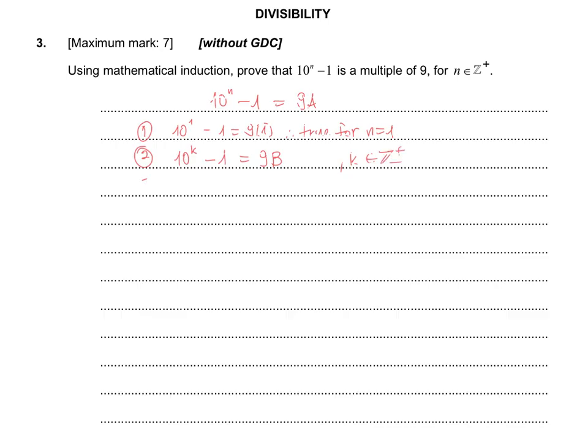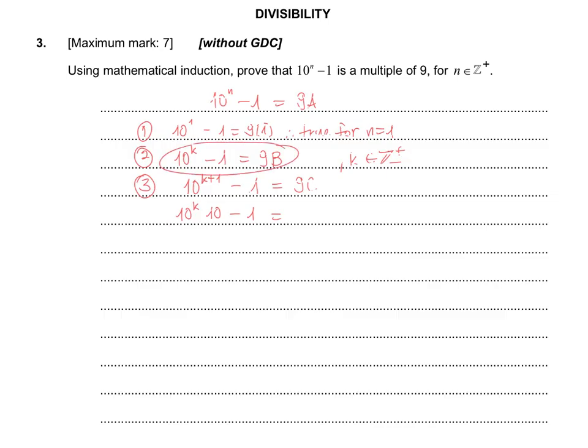And then for 3, we need to show that it's true for n equals k plus 1. So 10 to the k plus 1 minus 1, we're trying to show this is some multiple of 9. So we can separate 10 to the k and 10, and we can fill this in for 10 to the k.